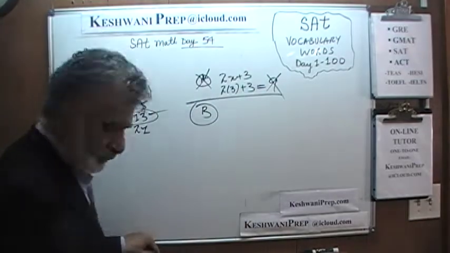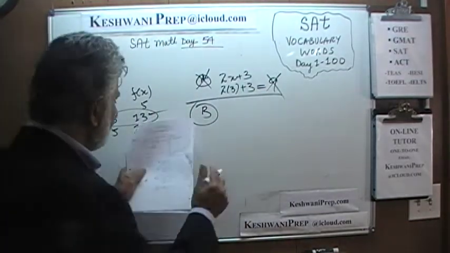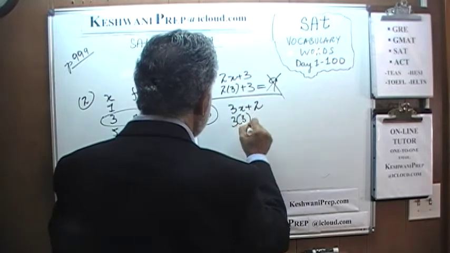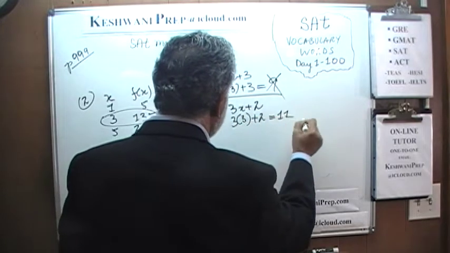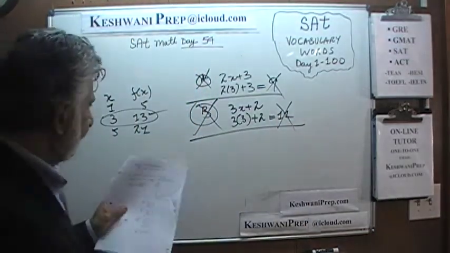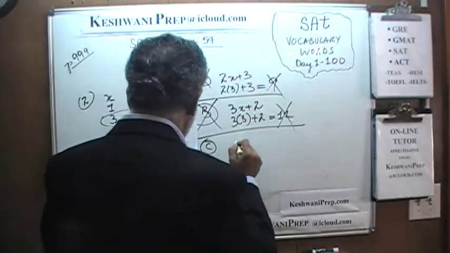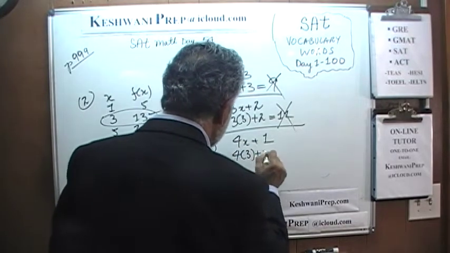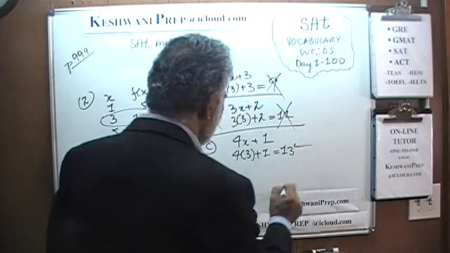B. B says 3x plus 2. When x is equal to 3, it's going to give us 11. And that's not it. We're not looking for 11, we're looking for 13. The answer choice C says 4x plus 1. There you go. 4 times 3 is 12, plus 1 is 13. It works out.